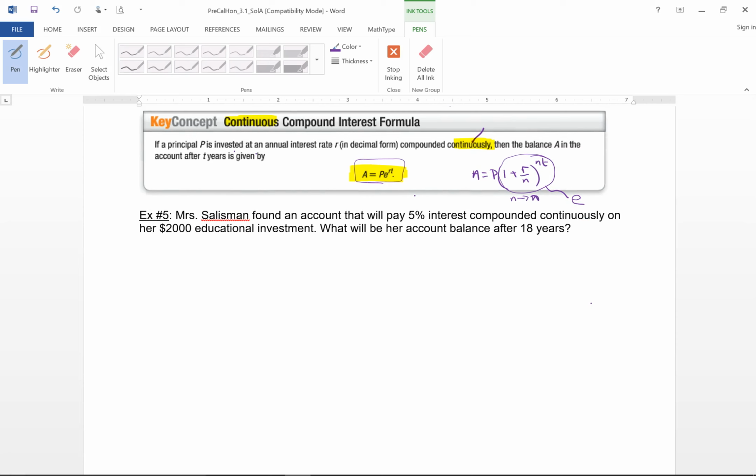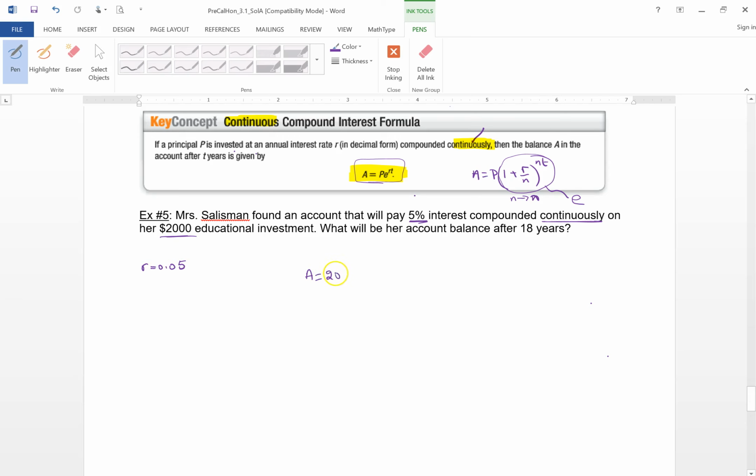Right, so now Mrs. Salzman found an account that will pay 5% interest compounded continuously on her $2,000. So she said, hey, I'm going to put it in that account and I'm going to make millions. Okay, so let's see. r is 0.05.